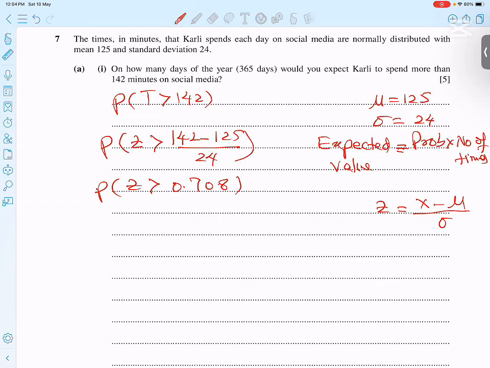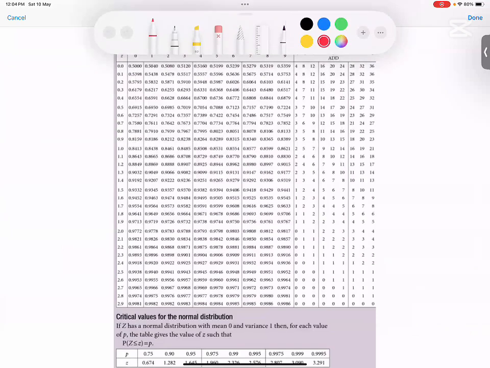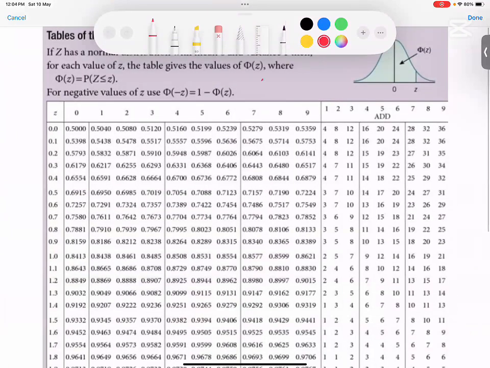This is done, and now we go for the table. The table we use mostly. Have a look at how we can use it. So 0.708: this line I will focus on now. 0.70, so the 0 comes from here, and the 8 comes from the section of addition.